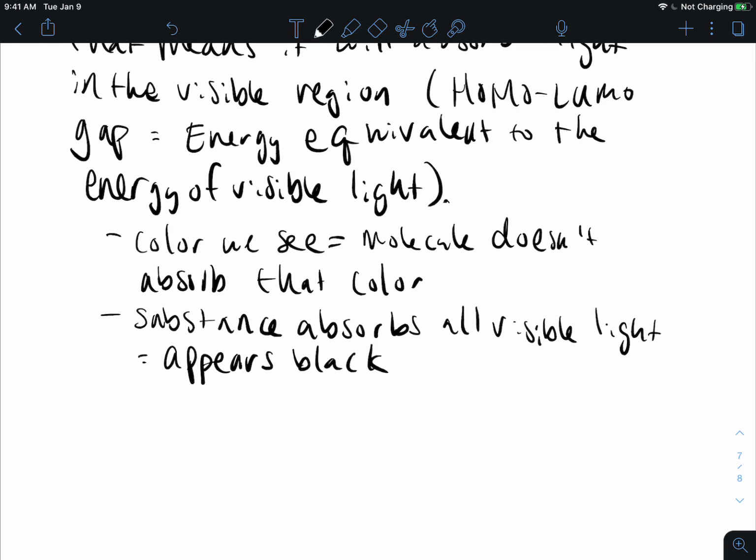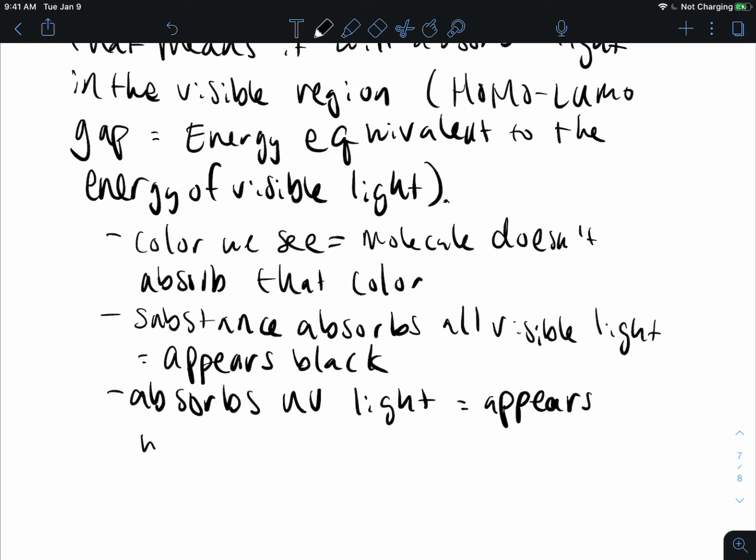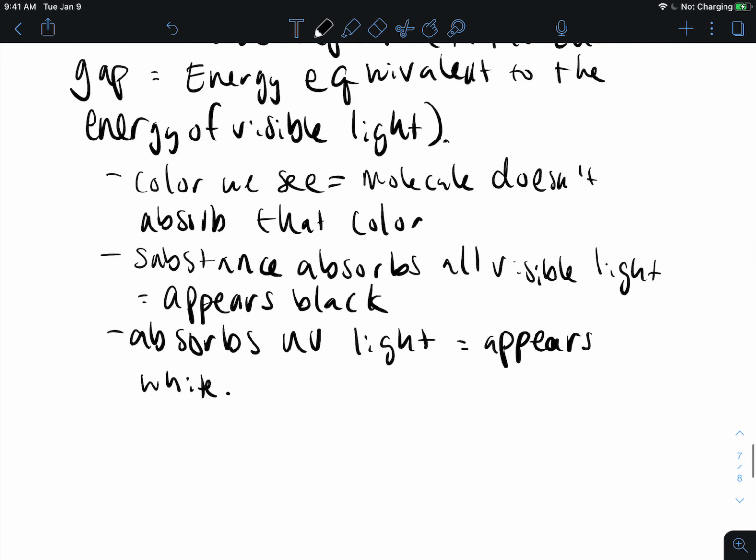And if it reflects all colors, it's going to be white. If it's going to absorb UV radiation, for instance. Okay. So our HOMO-LUMO gap will tell us information about what that energy is that it absorbs.